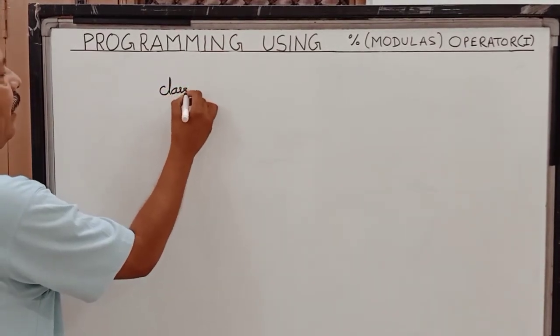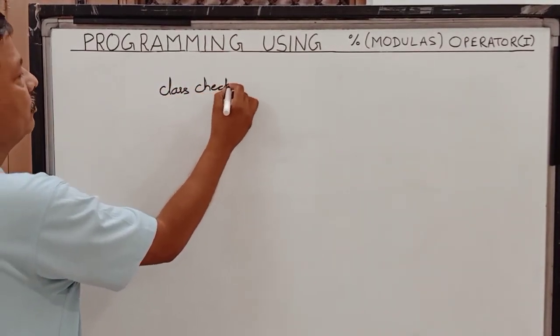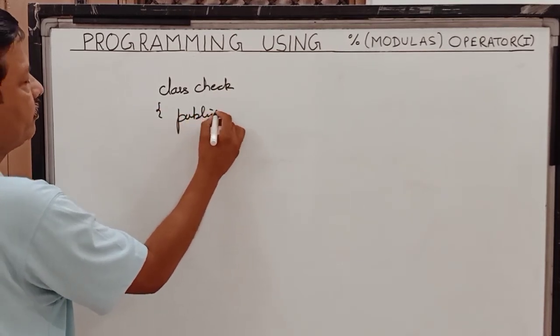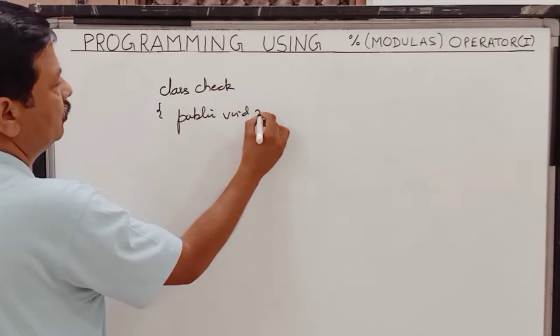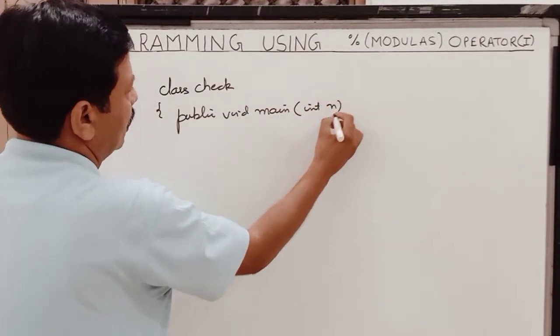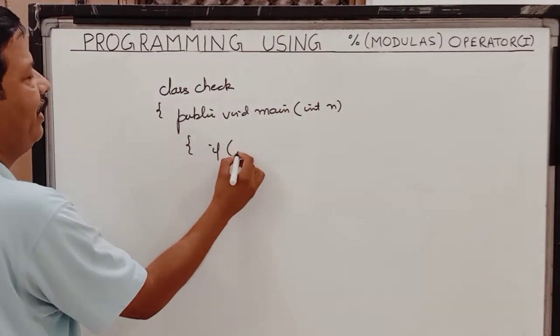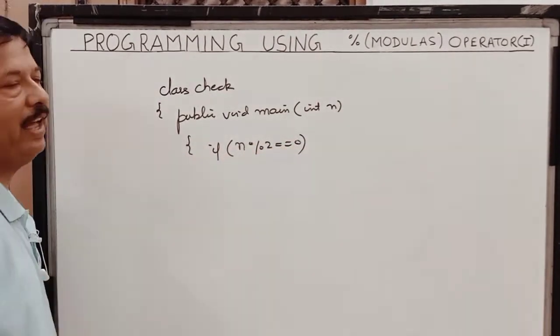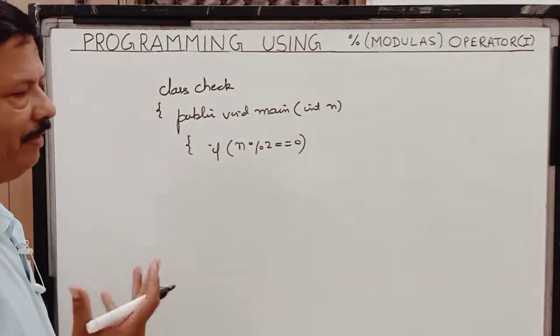I say class check, and I input a number, and to check whether it is even, I say if n modulus 2 is equal to 0, then that means n is even, otherwise n is odd.